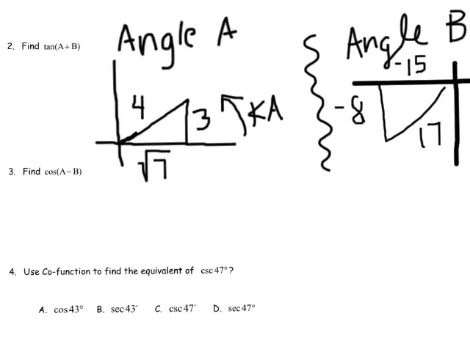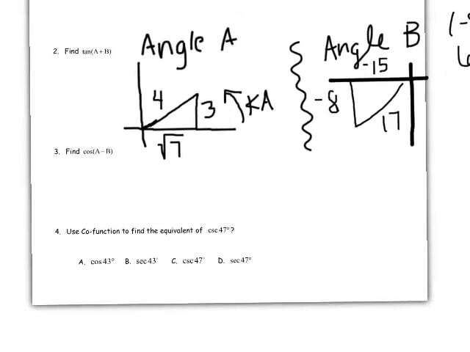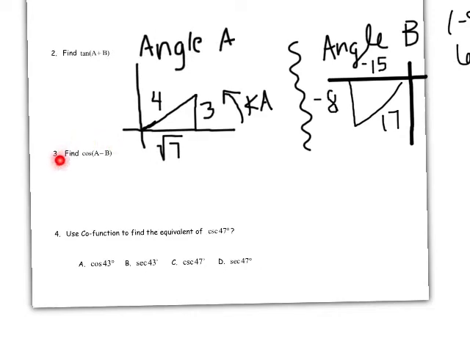So all of this work, and I haven't really begun my question yet. I'm on number 3 now. I need to find cosine of A minus B. So the whole point of this is that this is what angle A is, and all of this is what angle B is. But I don't know what those actual numbers are.